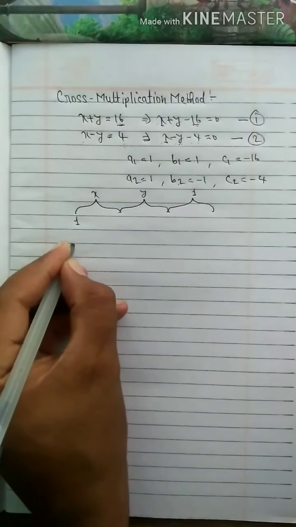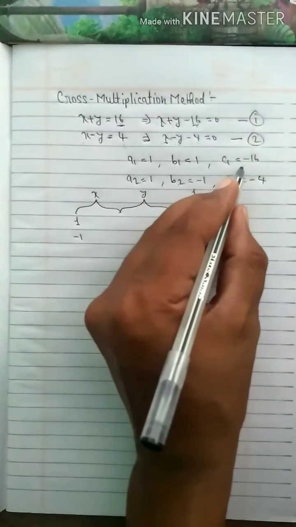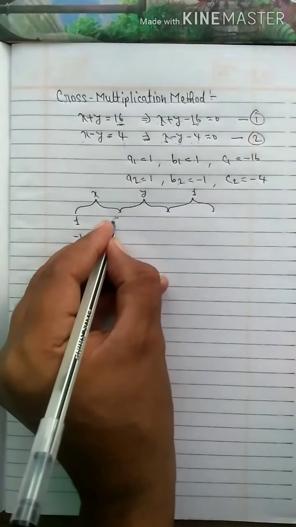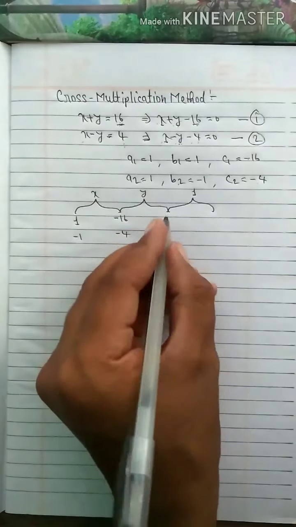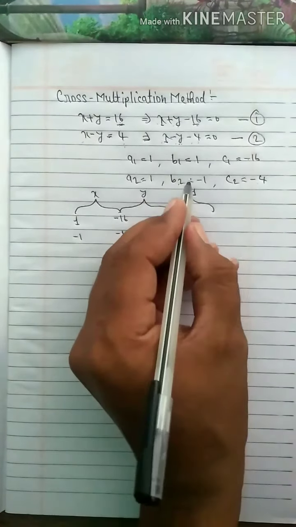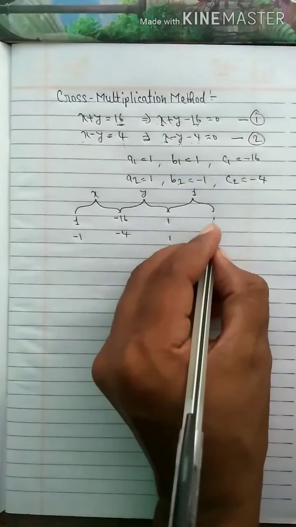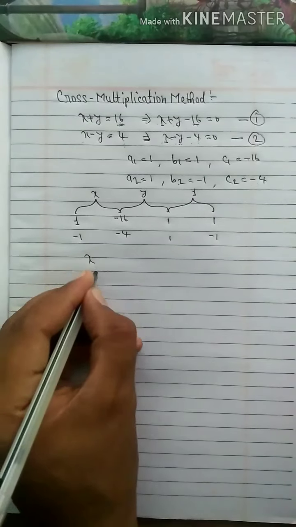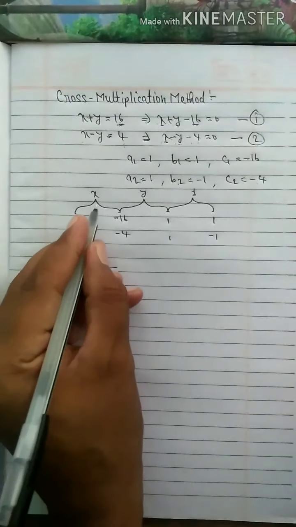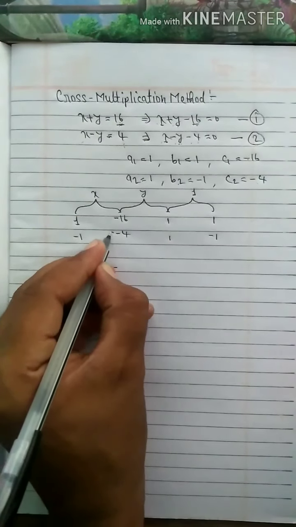Now here we will write 1 minus 1 and then after c1 c2 minus 16 minus 4 and then after a1 a2 1 1 and then after b1 b2 1 minus 1. And now here we will write x upon, and now here we will cross multiply.